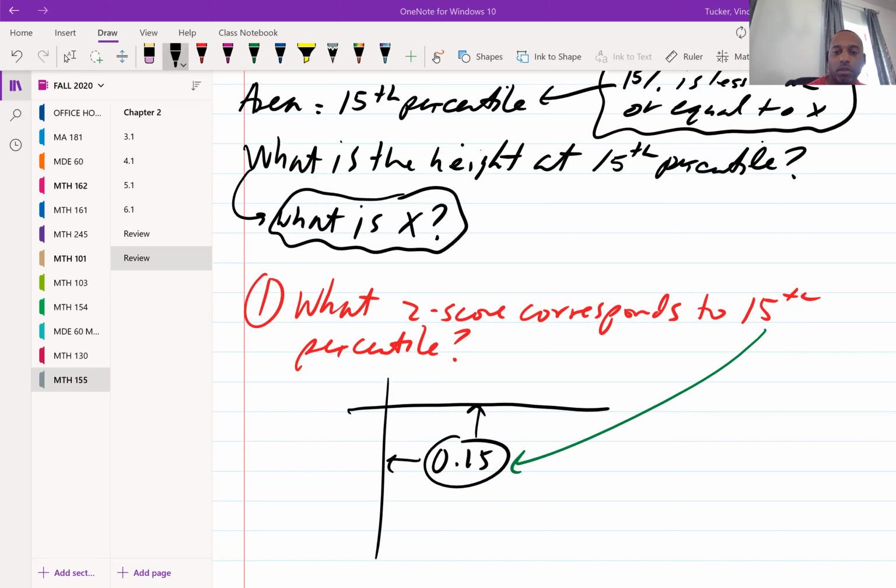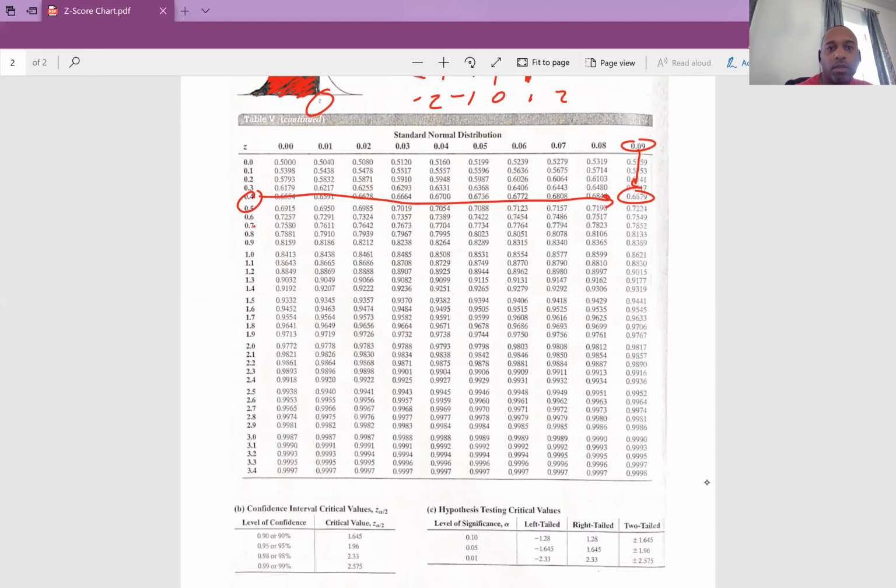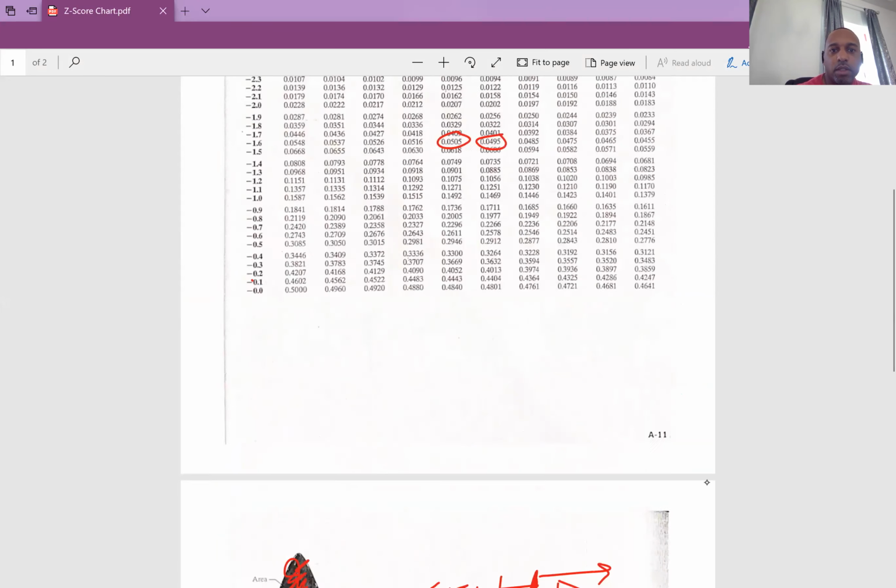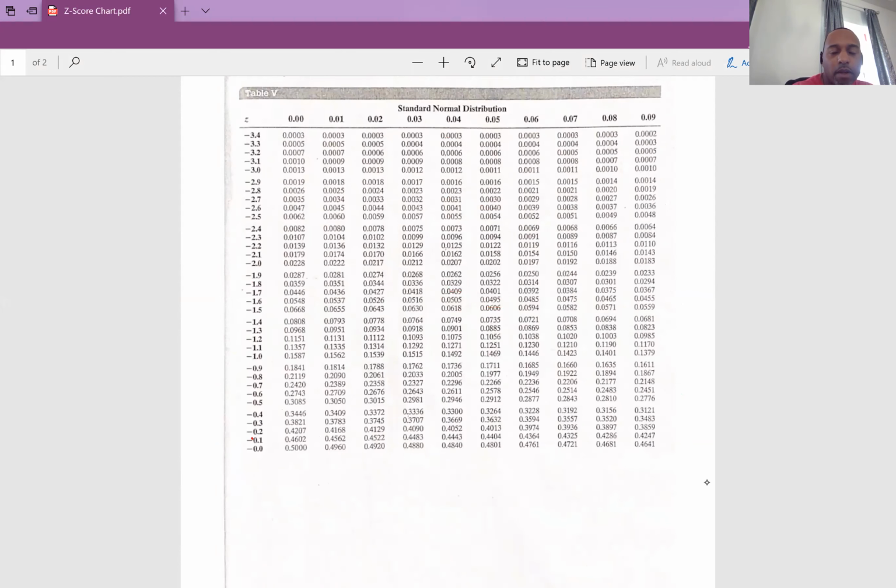So going back to our z-score chart, I just want to show you guys what I see so you know what to do. So we're looking at 0.15. That's 0.13, 0.15. So here it goes 0.1515, here 0.1492. So this value right here is the closest, 0.1492.